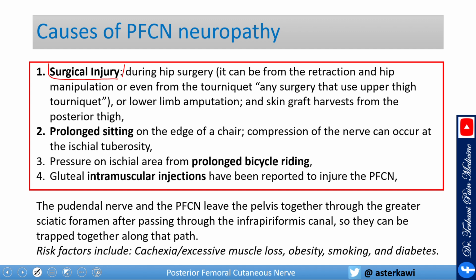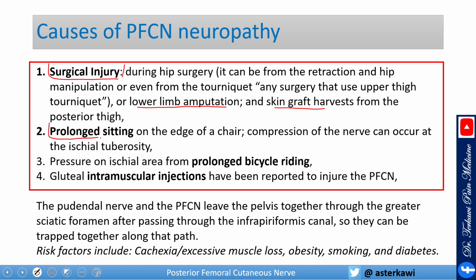The longer the time, the higher the risk. As you can imagine, any tourniquet on the upper thigh can also cause similar issues. Other surgical causes are lower limb amputation and skin graft harvest from the posterior thigh.